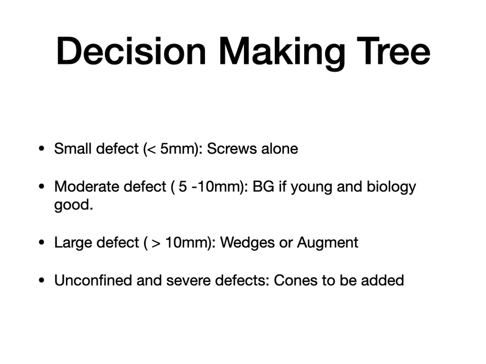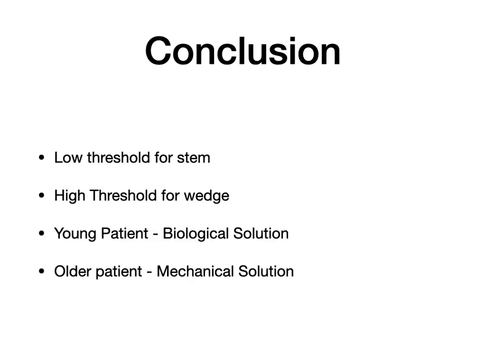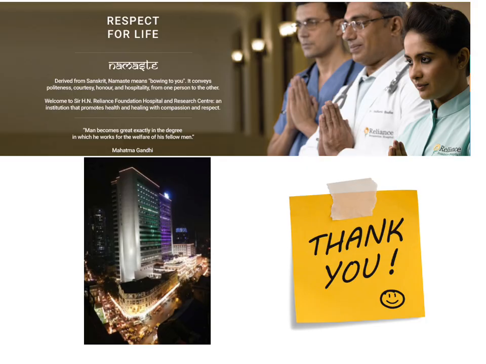And for uncontained or severe defects, especially the metaphyseal defect, a cone can be added. In conclusion, I have a low threshold for using stem, a high threshold for using wedge. In younger patients, we prefer biological solutions, and in older patients, we prefer mechanical solutions like wedge or augments and even sleeves.